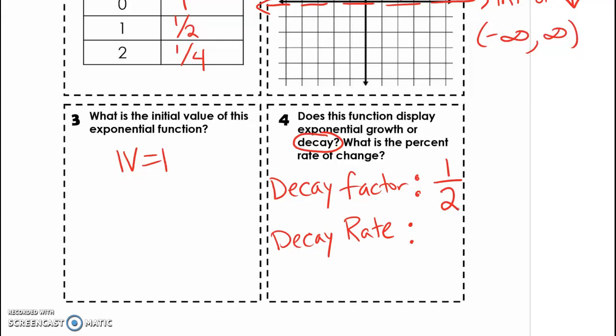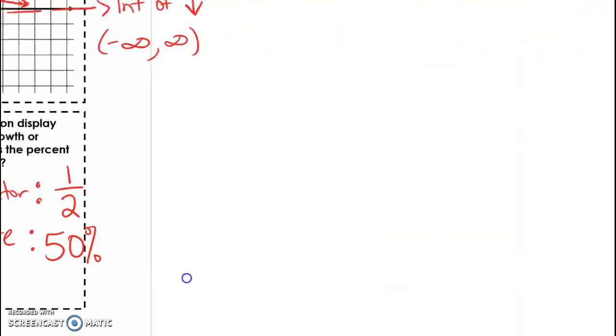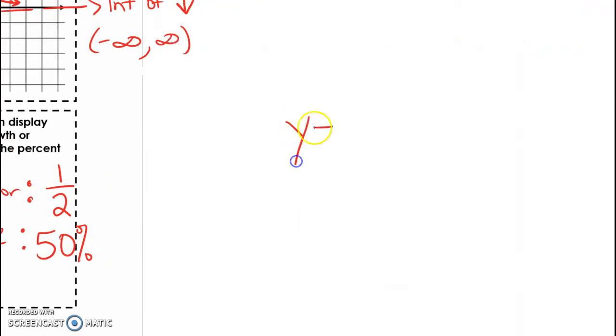1/2 is how far away from 1 as a percentage would be 50%. Be careful, it's not the factor as a percentage. It's how far away from 1 as a percentage. So what if I had something like y equals 2 times 1/4 to the x power?